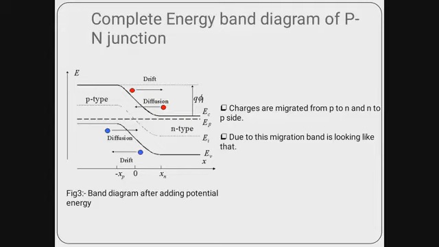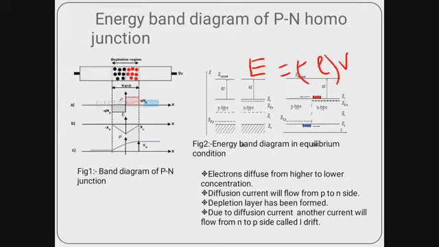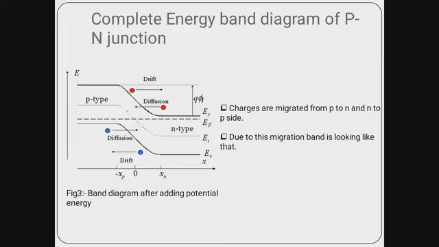So in this diagram we have seen that when we are adding the potential energy, the band is going downwards, bending, and we are getting a constant Fermi level or Fermi energy, which is denoted by EF.